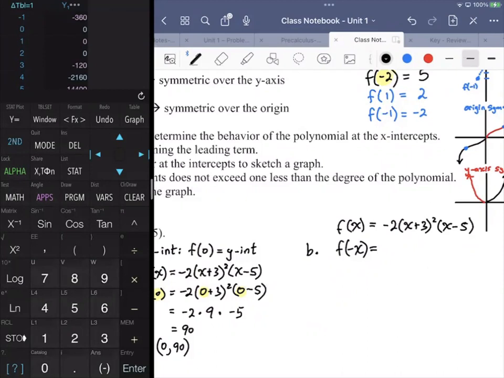If I say f of -x, I replace every x with a -x. So each of these x's, in fact even this one. So -2, parentheses, then I'm going to use another set of parentheses to input my -x, and then just build the rest of it around it.